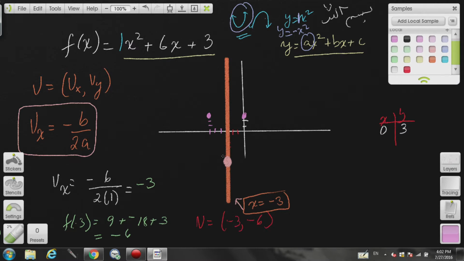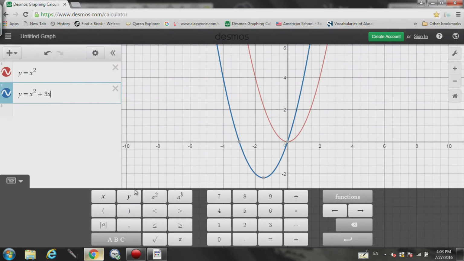Is that enough? Yeah, you only need 3 points. You can get more points if you want it to look pretty or something like that. But you only need those 3 points over there, and you can draw that graph. Do you understand? So this is a graph of y equals x squared plus 6x plus 3. Let's try to graph this.